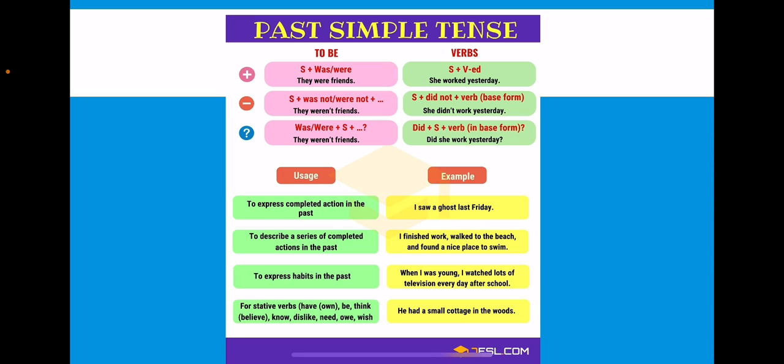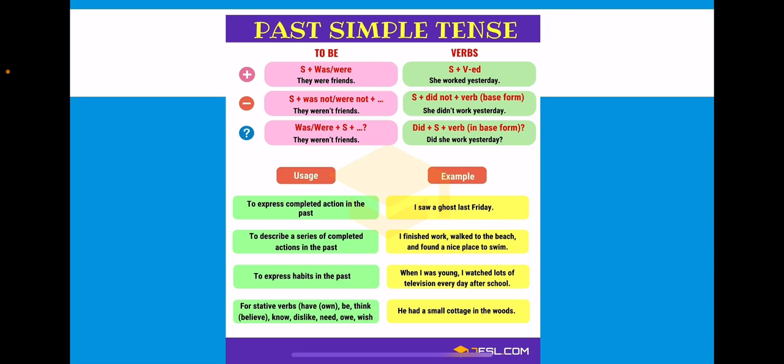Did في past simple إلا مع was, were نبدأ السؤال في was, were. Okay, so why do we use the past simple? To express a completed action in the past. إشي صارت بالماضي بدنا نحكي عنها. إشي صارت وانتهت بالماضي نحكي عنها في الماضي.